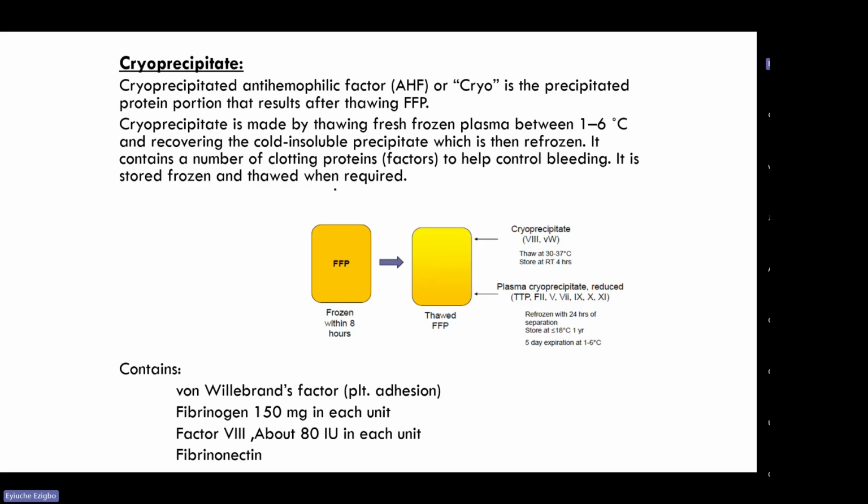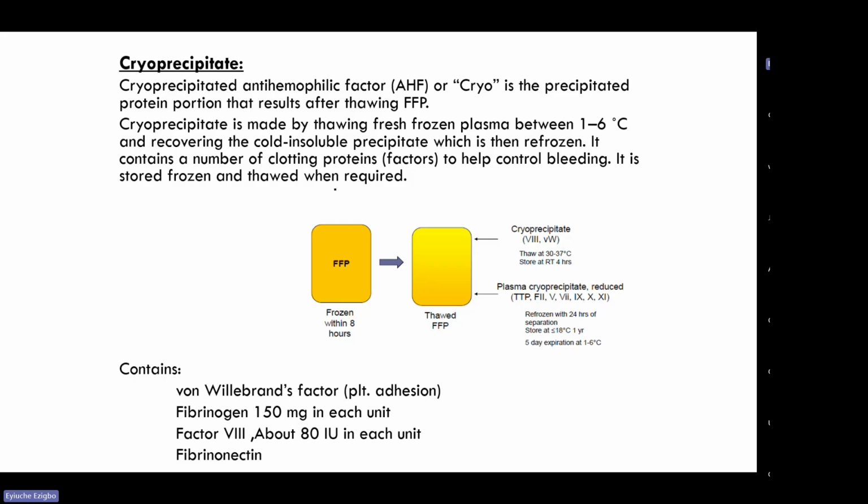Cryoprecipitate, we refer to it as the anti-hemophilic factor. We refer to it as being rich in factor 8, and it's the precipitated protein portion that results after thawing the fresh frozen plasma. So to get the cryoprecipitate, we must have prepared the fresh frozen plasma, and then in the process of thawing this fresh frozen plasma, we can harvest the cryoprecipitate.